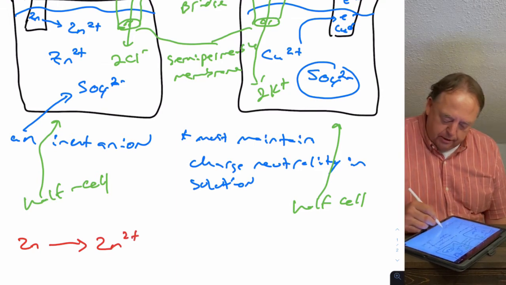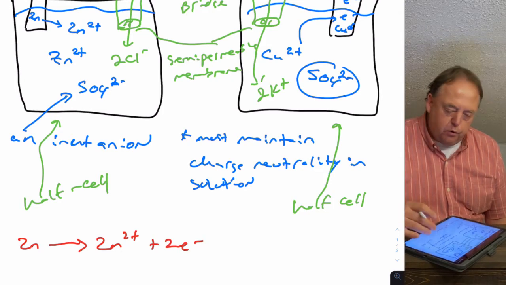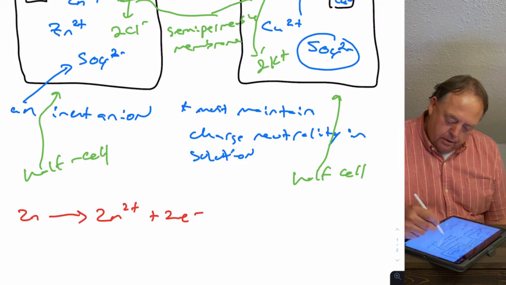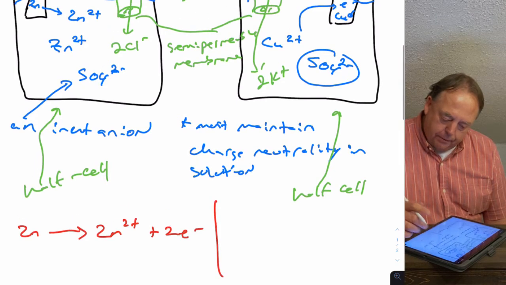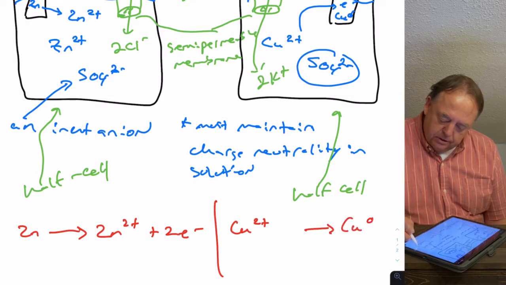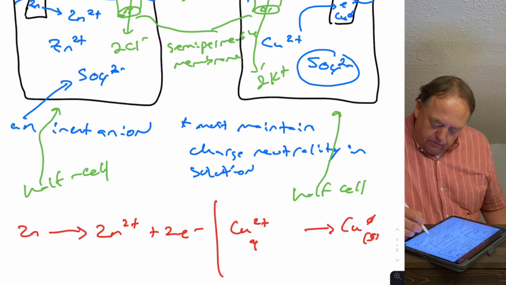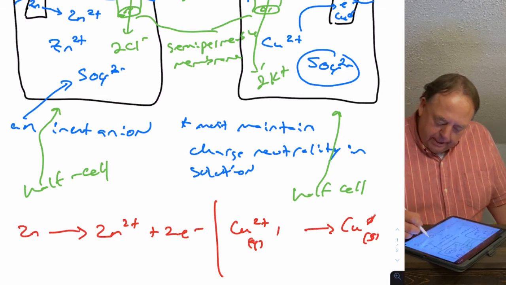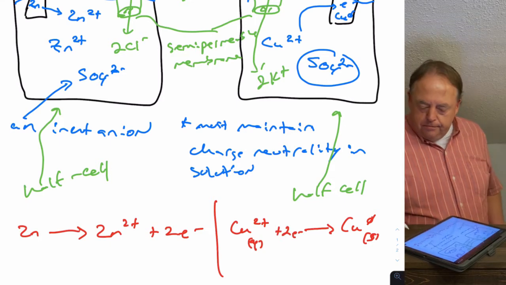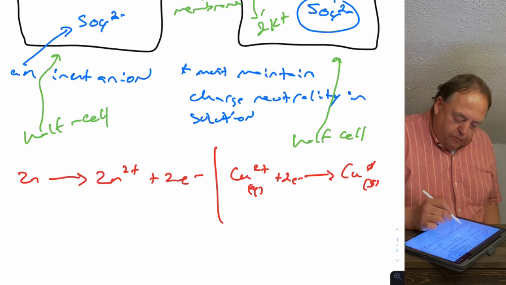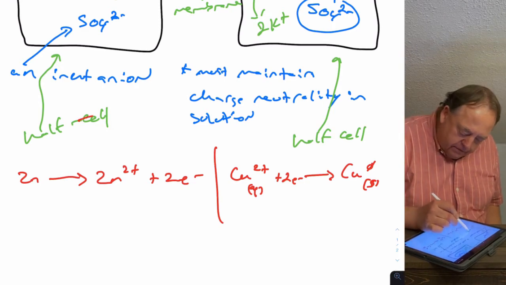By giving away 2 electrons. So you can think of 2 electrons as a product of the reaction. And in the half cell on the right, so copper 2+ is going to copper 0, so making more solid copper. So it's going from aqueous solution to solid. So how does it go from +2 charge to no charge? By gaining 2 electrons. So that would be what's known as the 2 half reactions. Sorry, when I say half cell.